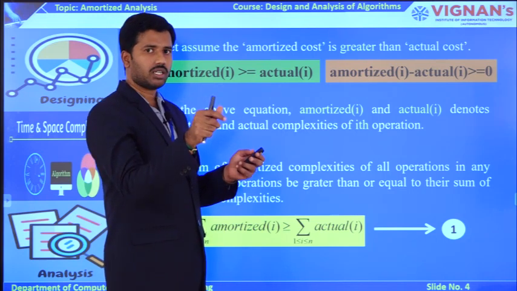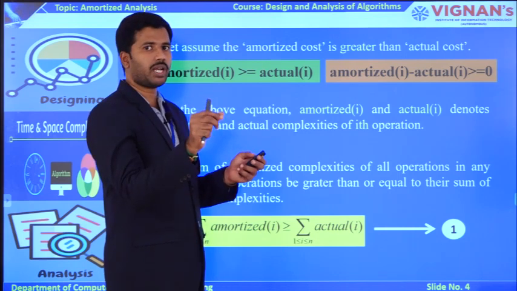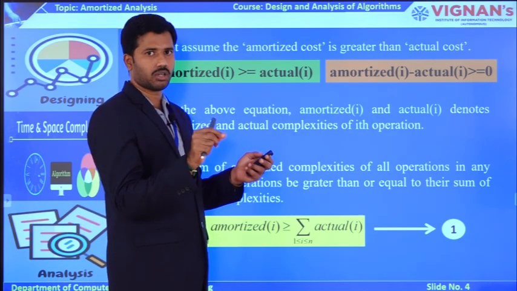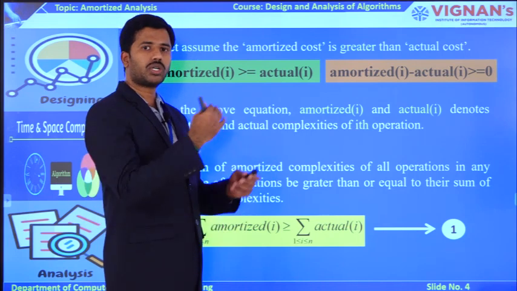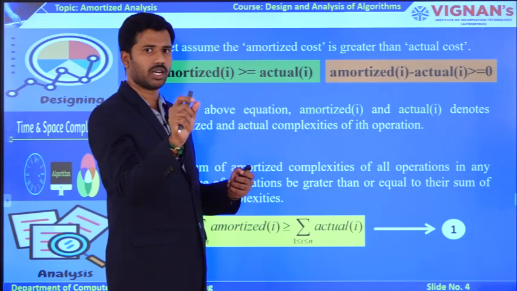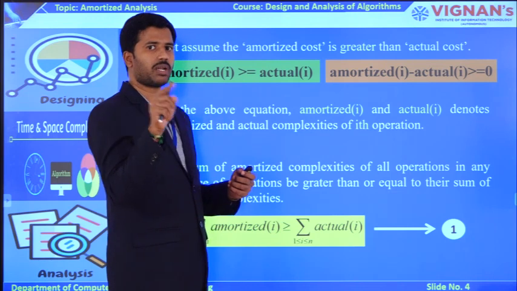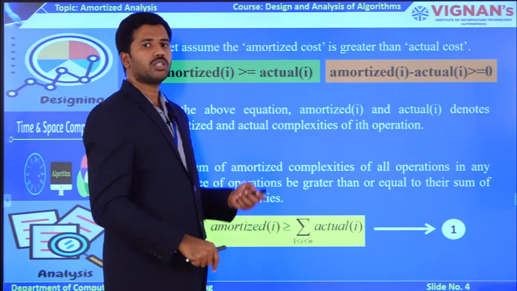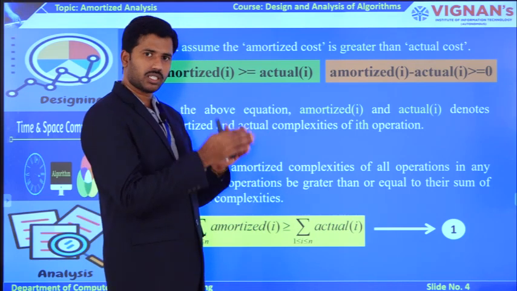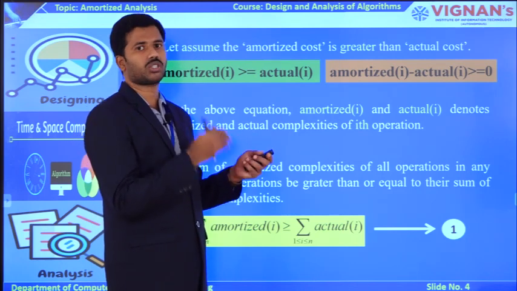To find out the time complexity after performing the D1 operation, ultimately I need to carry the cost to perform the deletion operation as well as the previous cost also. Then only I can conclude the total time complexity of my algorithm for that sequence is 10. So I1, I2, D1: D1 occupies 8, I1, I2 occupy 1 plus 1. So 1 plus 1 plus 8 is going to be 10. Okay. So you require a potential function to understand the differences between amortized cost as well as actual cost as well as the previous instructions cost also.